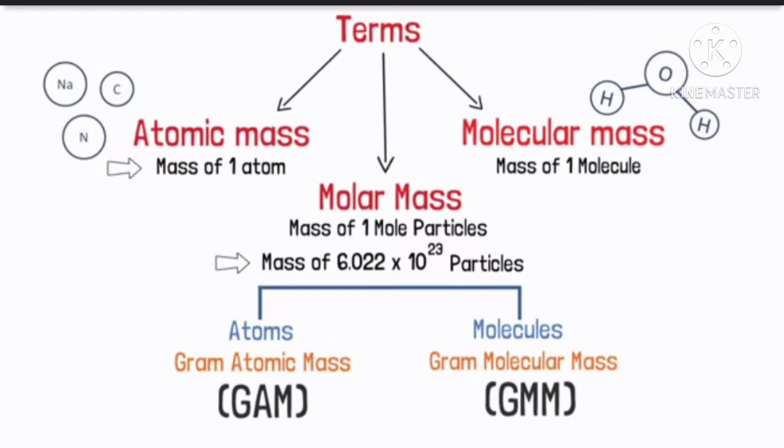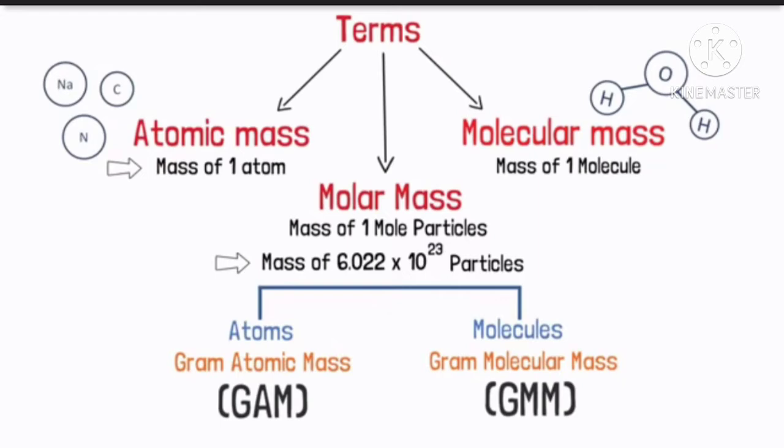There also atomic mass of some elements are given. So now molar mass. Mass of 1 mole of particles. 1 mole means the mass inside that 1 mole is referred to as molar mass. And that mass is of 1 mole. It is the perfect one, 6.022 into 10 to the power 23, which is also called Avogadro number.